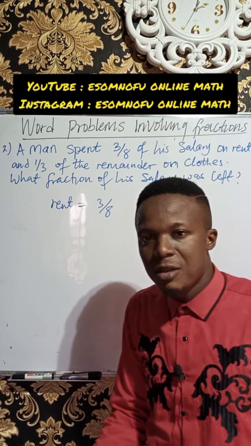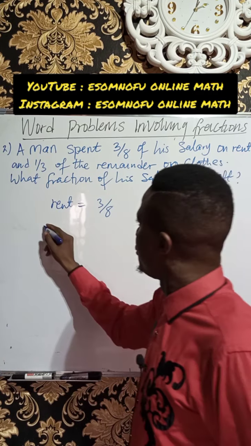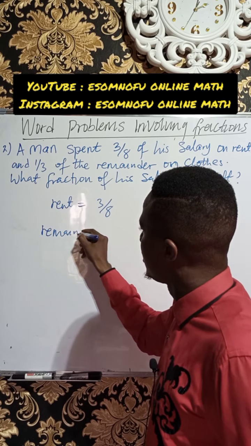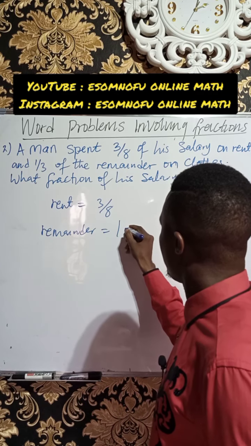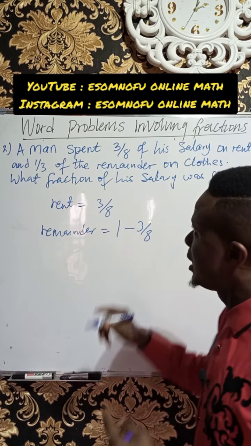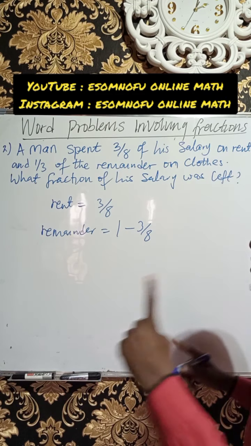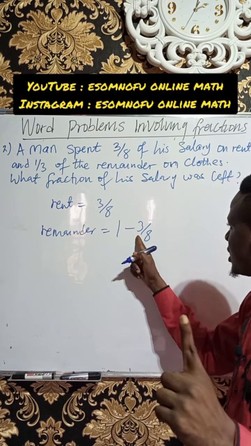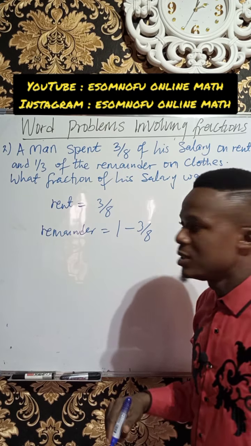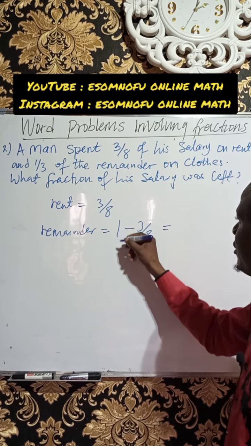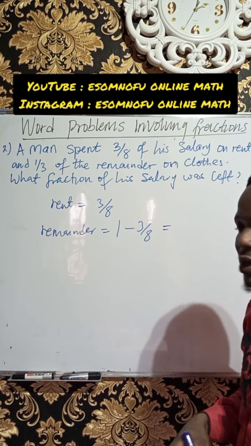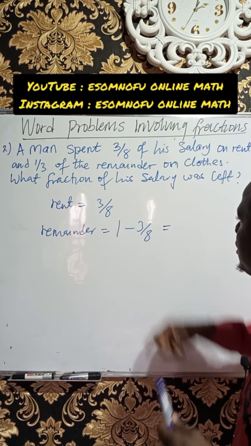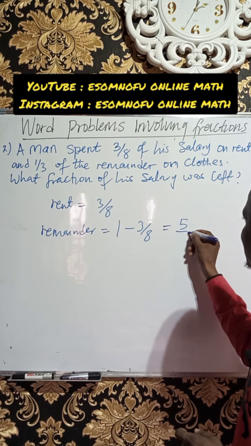When the man has spent 3/8 on rent, the remainder will be 1 whole minus 3/8, because he has one complete salary and he has spent 3 out of 8 from it. Whenever you are removing anything from 1, just say 8 minus 3, it will give you 5/8.